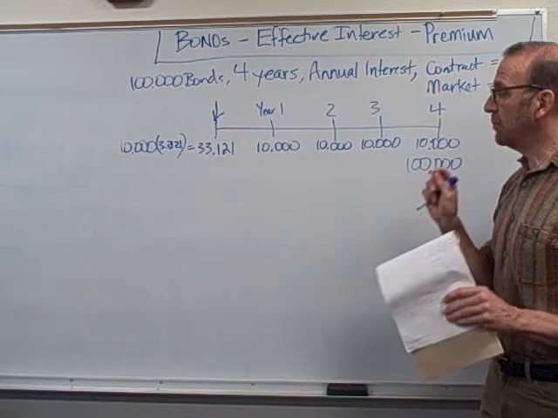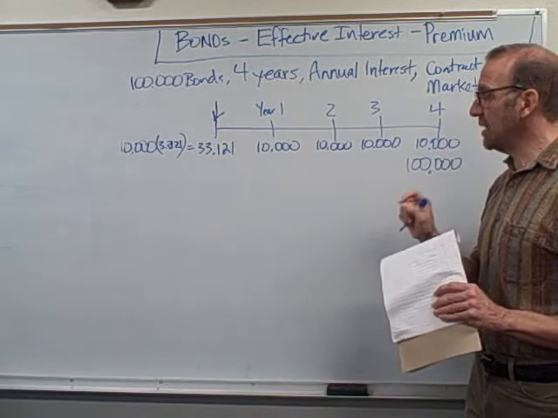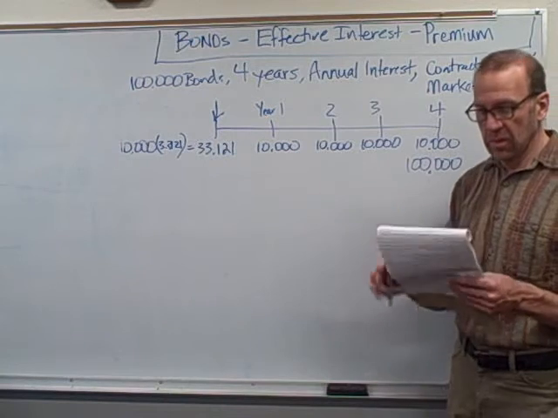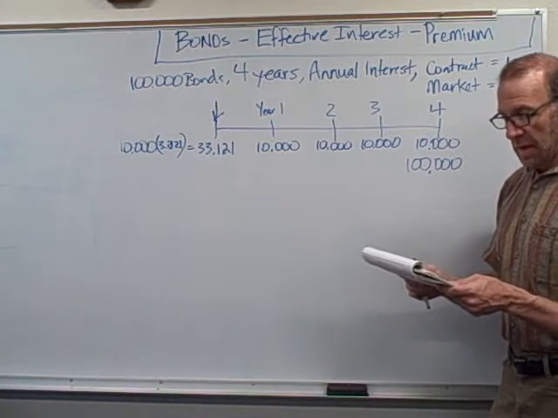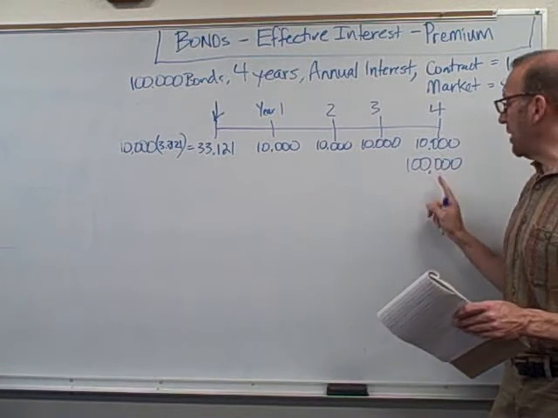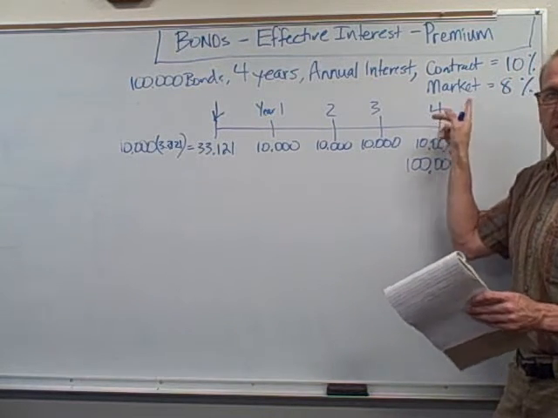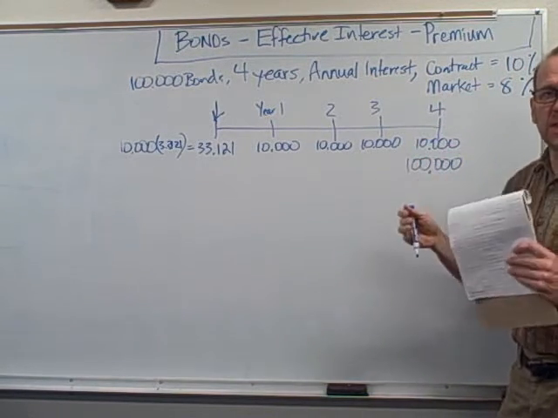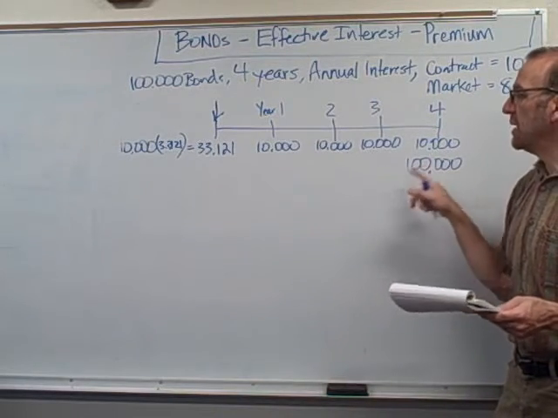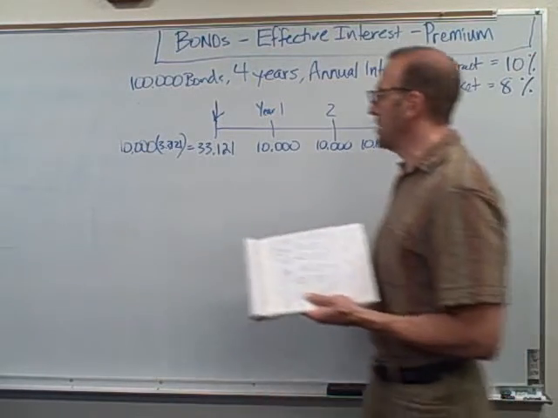Okay, now we're going to discount the single dollar amount, the 100,000, back to the present. Okay, so we're going to go to the present value of a single dollar amount table. It's a different table. It's going to be 4 periods out, because it's out in year 4 that it's going to get paid. The interest rate we'll use is 8%. It's the same periods and interest rate that we used previously for the annuity, except we're going to use the present value of a single amount table.